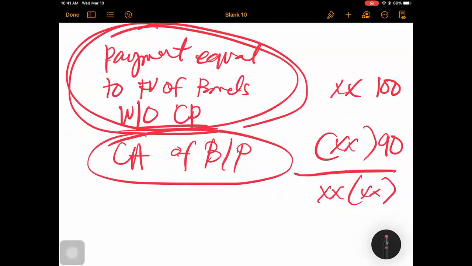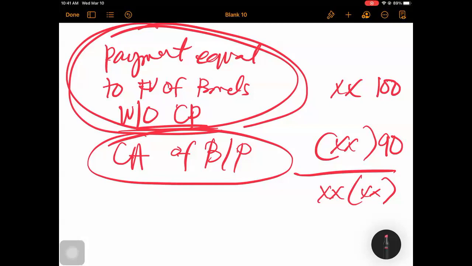Loss, lugi, gain, or loss? Okay, the answer is loss.